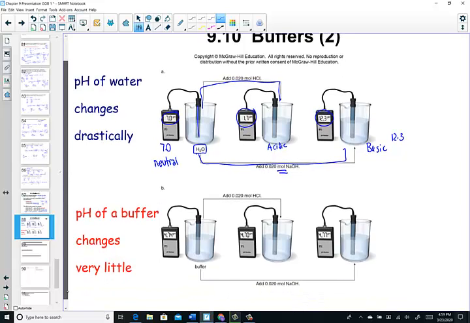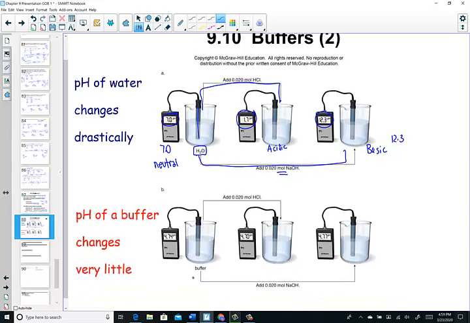But now instead of pure water, what if inside this beaker we had a buffered solution? And remember the buffer? It's a weak acid and its conjugate base. Those are a team of chemicals. In that solution, there's a team of chemicals there. So now let's add the same quantity of acid to this.